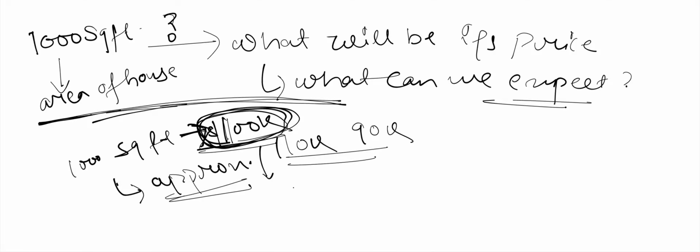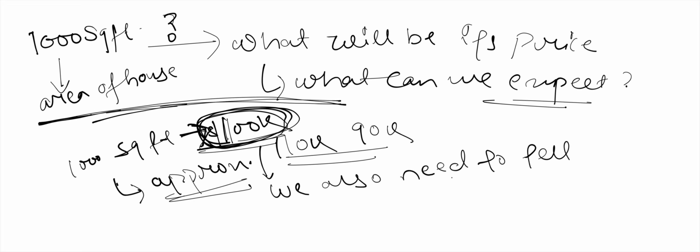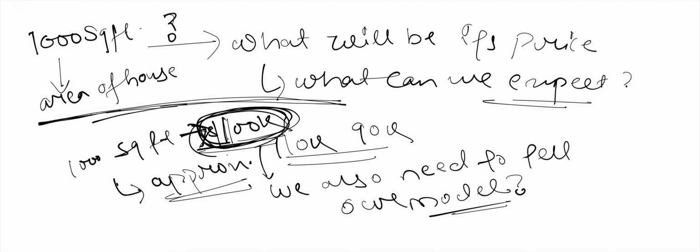Like that, we also need to tell our model. Our model also needs to know that this is the current scenario of this certain region and this is the expected price. So our model also needs to learn the thing. How does our model learn?